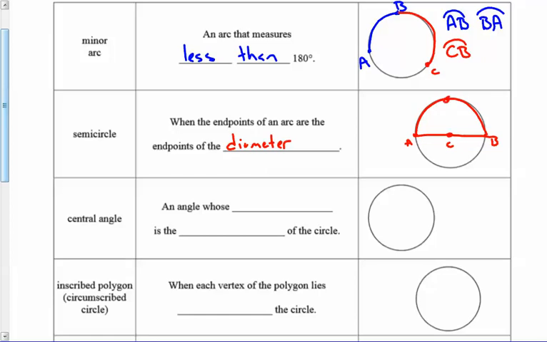You really have to treat a semicircle like a major arc, but it has a special name. Just like a major arc, it needs 3 letters, right? So I would call the red arc ADB a semicircle.